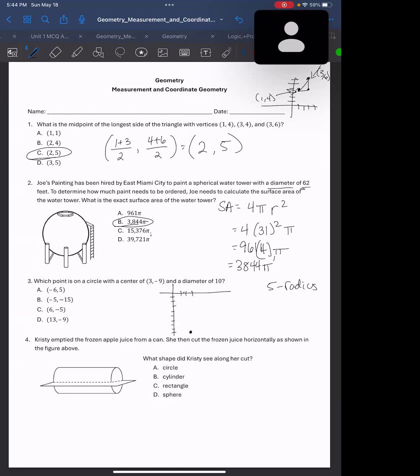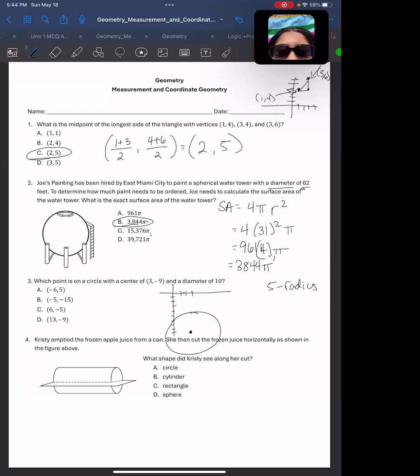That means that from the center of my circle to any point on the circle is 5. So if I had my circle here, it's going to look a little weird because it's not drawn to scale.